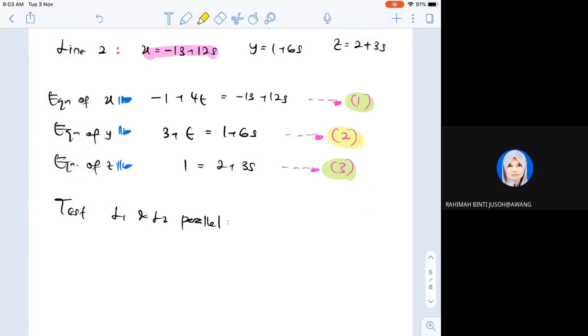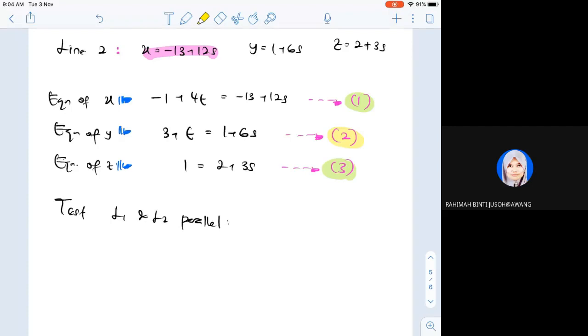If the values of s and t fulfill all of the 3 equations, then we can conclude that both lines intersect. So you can decide: if you solve equation 2 and 3, you test in equation number 1. If you solve equation 1 and 2 simultaneously, you test in number 3. If you solve equation 1 and 3, you test in number 2. What's important is that both values of s and t satisfy all three equations.